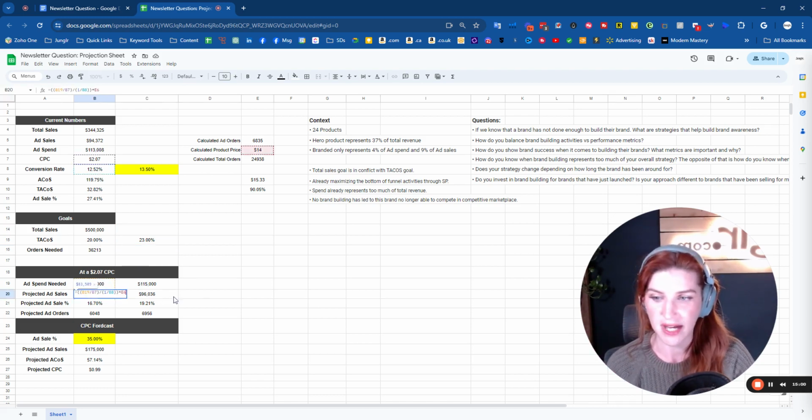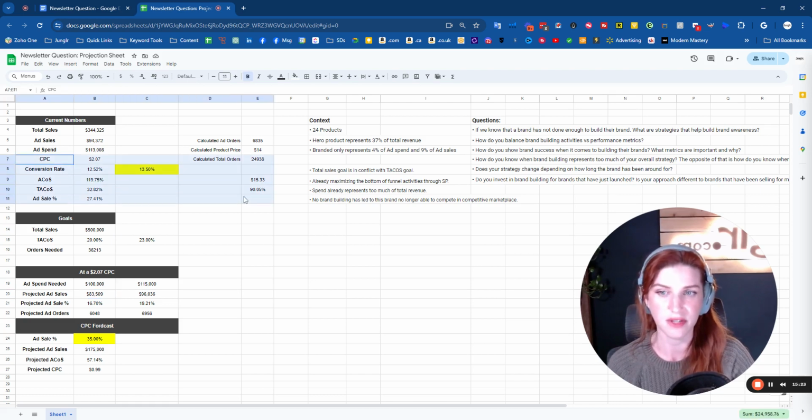And then off of that, I got projected ad sales, which is a little bit more complicated of a formula. But I'm basically saying, if this cost per click is correct, if this mathematics is correct, what am I going to be spending? And then I'm looking at the calculated product price and saying, okay, this is what I'm assuming is going to be projected off of ad sales, again, given that all things remain equal at these numbers.